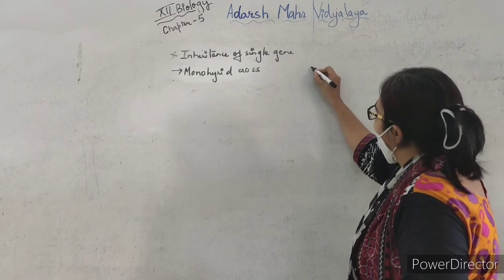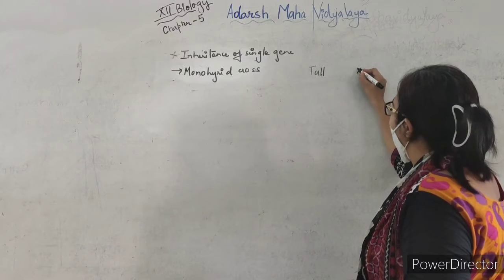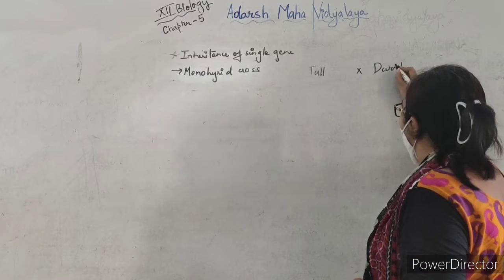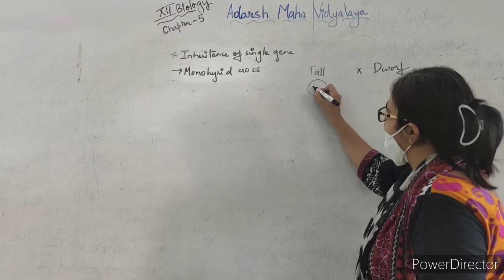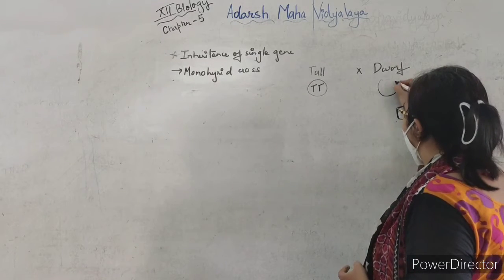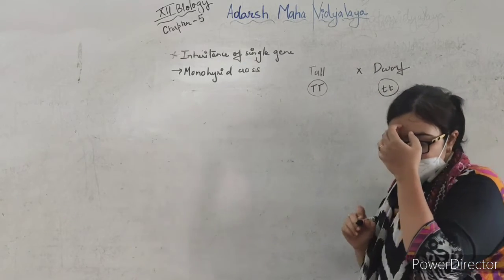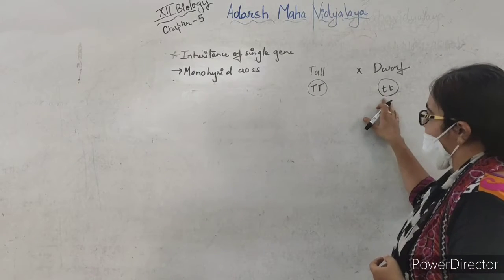So what he did, he took a tall plant and he took a dwarf plant. Now the genotype which will be present in this plant will be this, as we are diploid organisms, and the genotype which will be present here will be this.